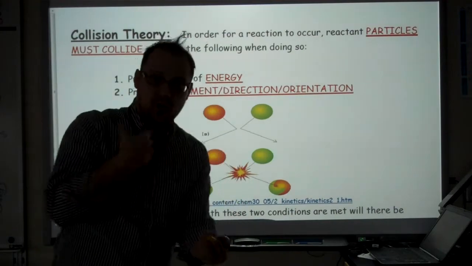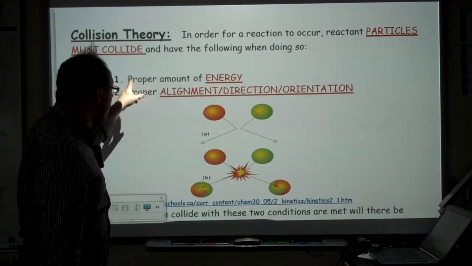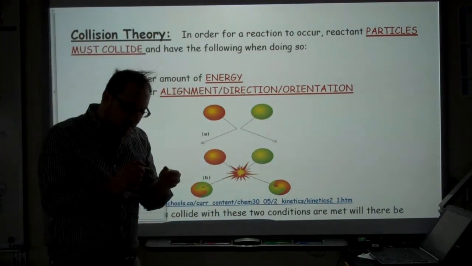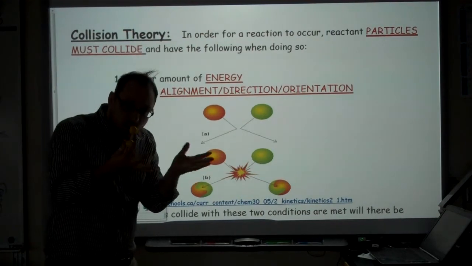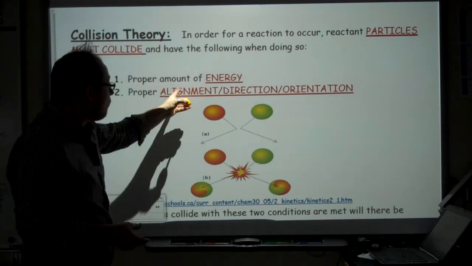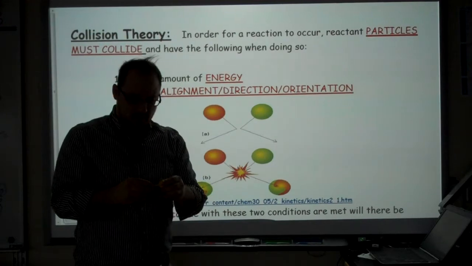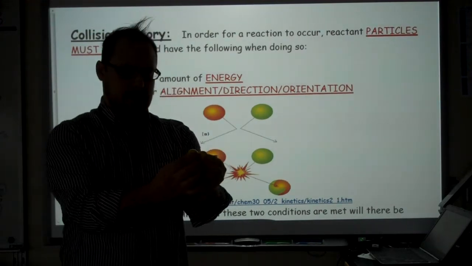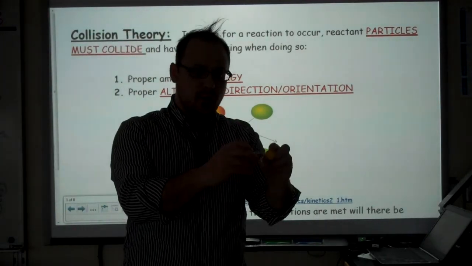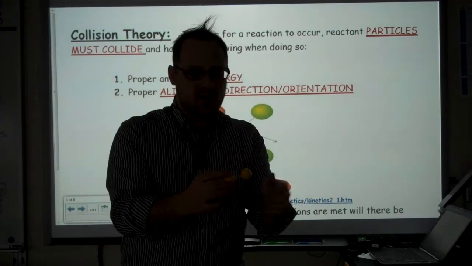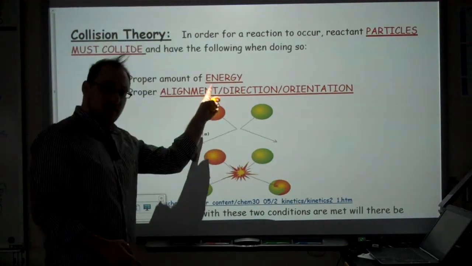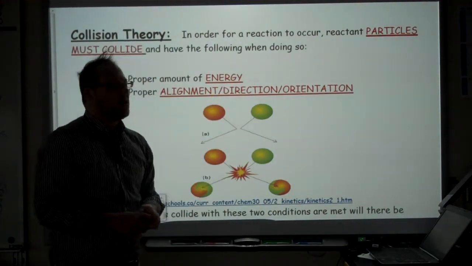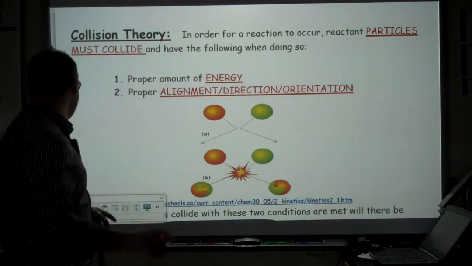It might have been simple for you and I to do with our hands, but we are putting them together with the right amount of energy. If I didn't push enough, the stick wouldn't go into the ball. There you go, analogy. And our alignment and direction and orientation. I can't get it to work this way because those molecules, those atoms, they don't go together in that way. You have to have the right amount of energy and the right alignment, direction, and orientation, primarily.